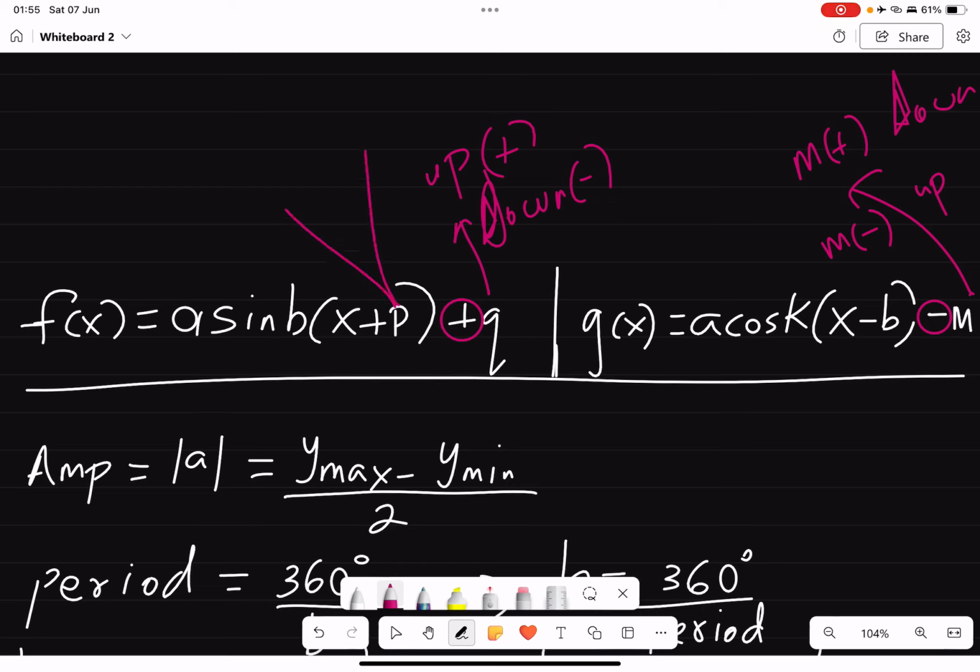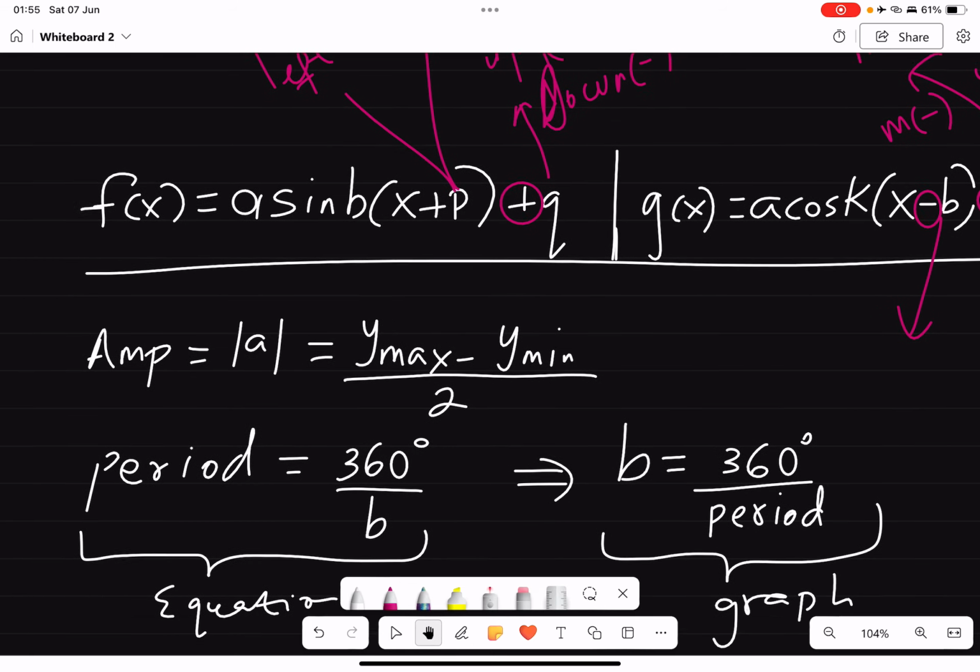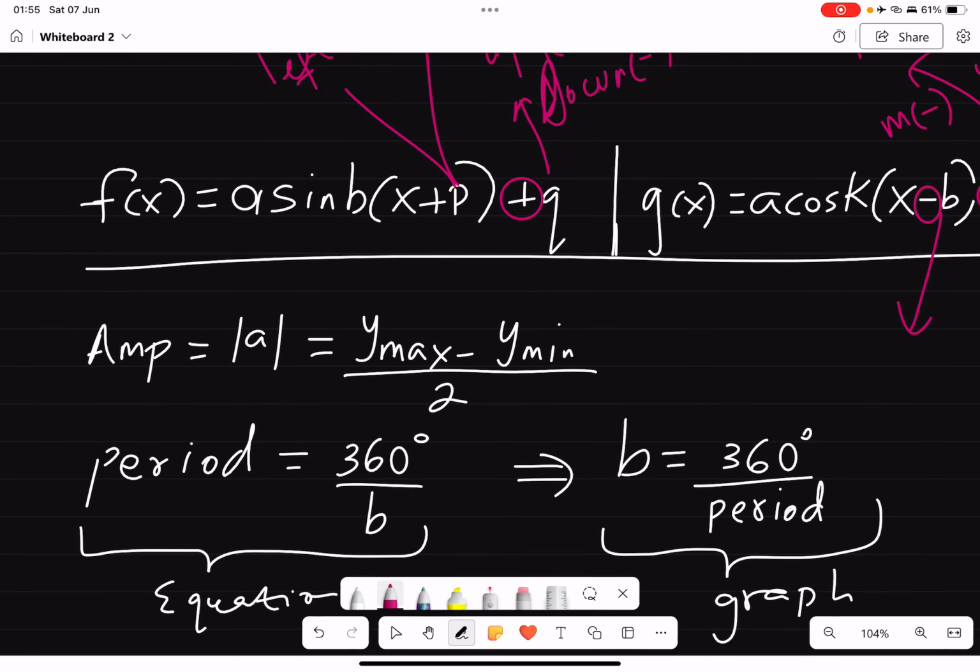And remember, P moves left and right. Left if P is positive, and right if P is negative. For this one, you already have a negative sign here, so you are going to the right if B is positive, because you're going to have a positive and a negative, which end up being a negative, and a negative means to the right, remember.